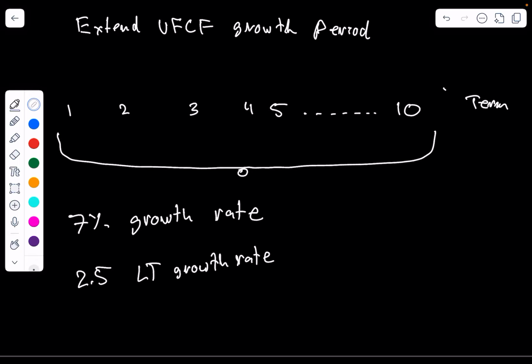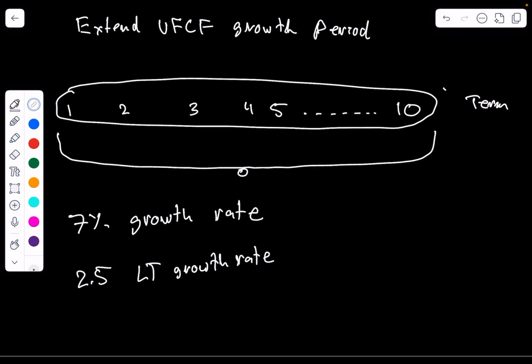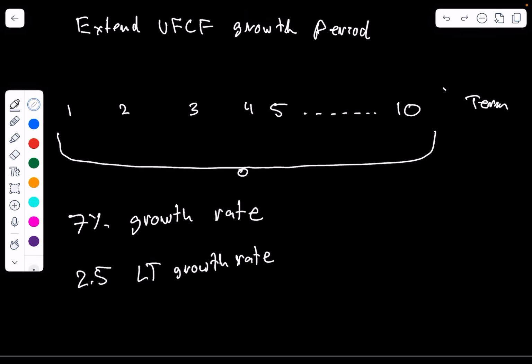Now, keep in mind, what you do is that you extend the number of periods. You never change the long-term growth rate.